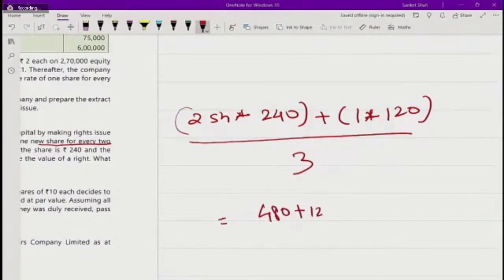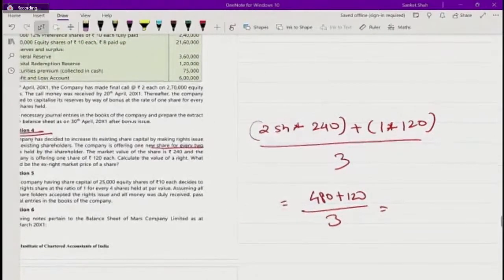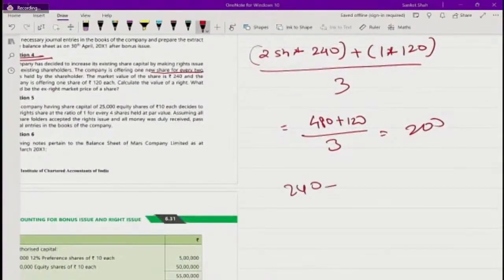So 480 plus 120 divided by 3, 600 by 3, 200, ना? हाँ. So 200, and 240 minus 200. So value of right is 40.